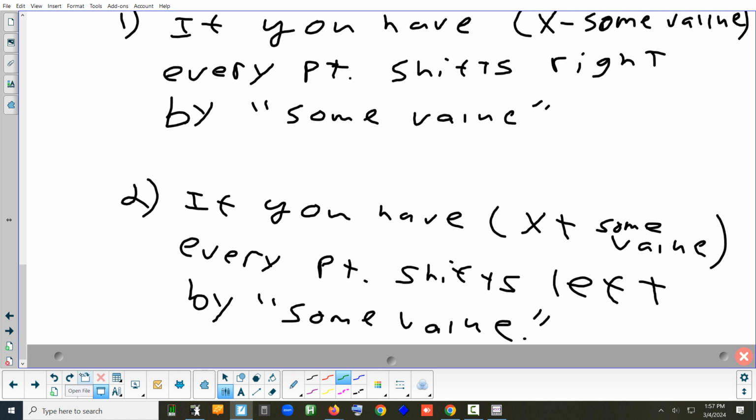Now, I want to start to think a little bit about what's going to happen to the coordinates in those 2 original tables. First of all, when you shift left or right, what part of a coordinate does that change? The x part or the y part? The x part. Yeah, changes the x part. Now, if you shift something to the right, pretend like you had this point here, let's just call that point 1, 0, and then this point here.